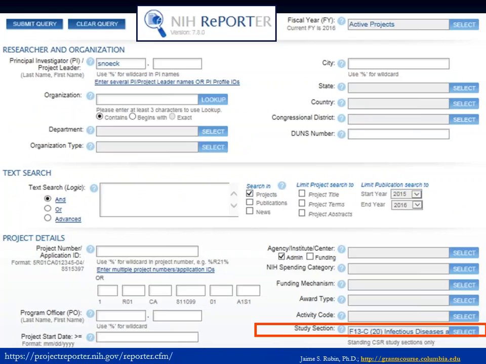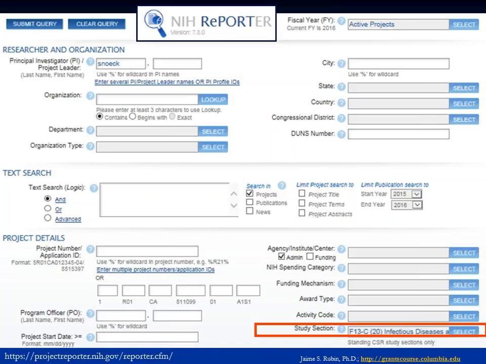One can even go further. Some of you might be familiar with NIH Reporter. This is the online grants database for all of NIH's funded grants. It's an incredibly powerful database with a lot of usability, and you can learn a lot of information.